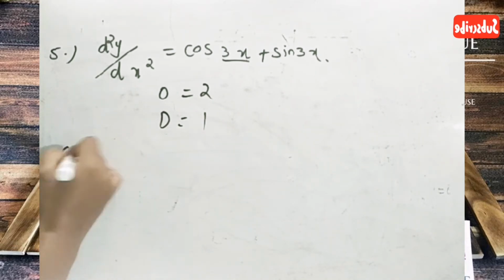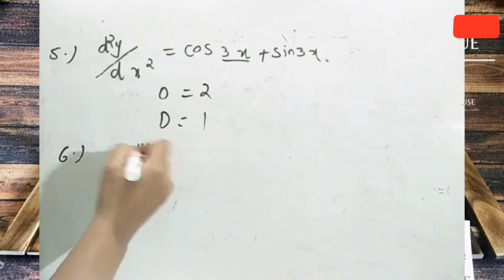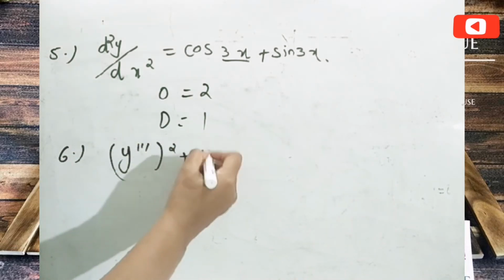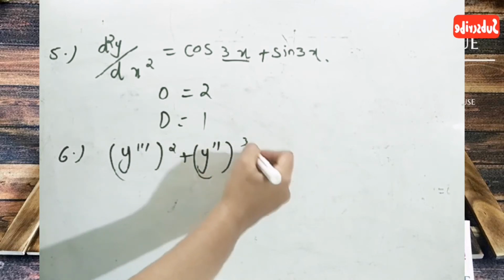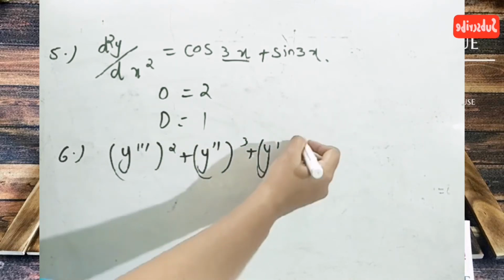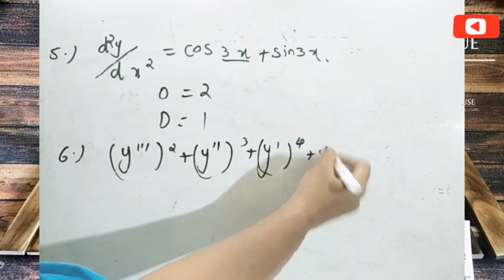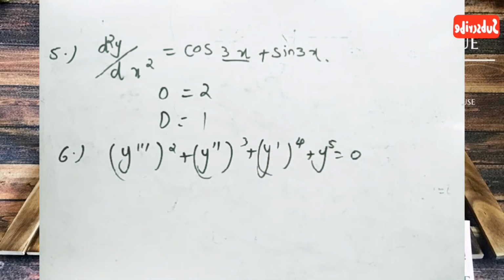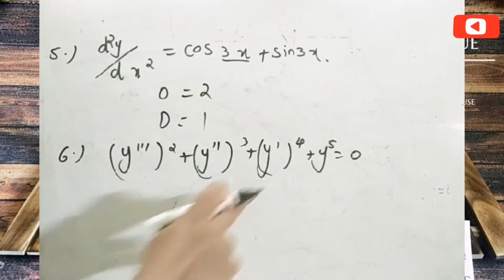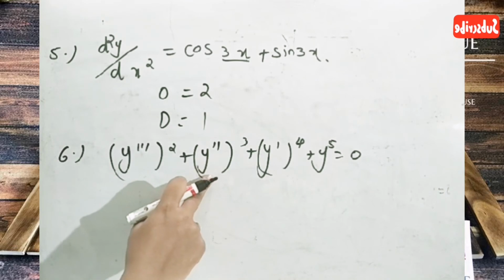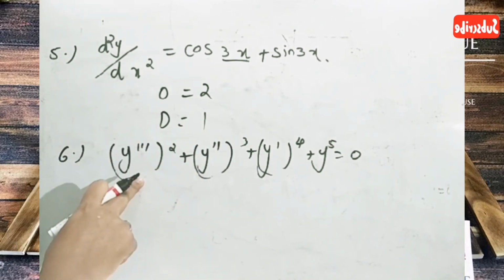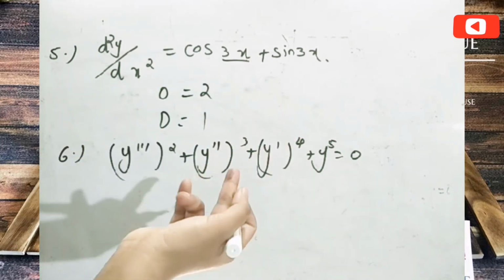Sixth question: (y''')² + (y'')³ + (y')⁴ + y⁵ = 0. What is the highest order derivative? y' means first order derivative, y'' means second order derivative, and y''' means third order derivative.